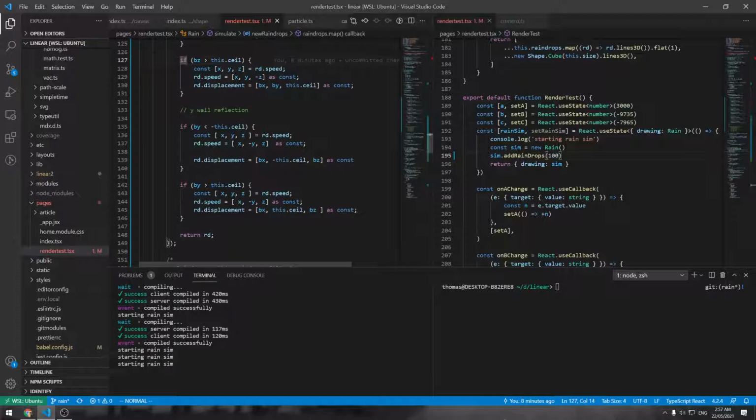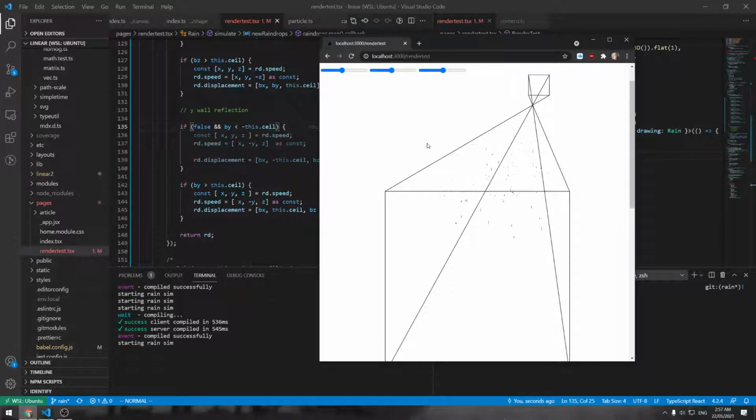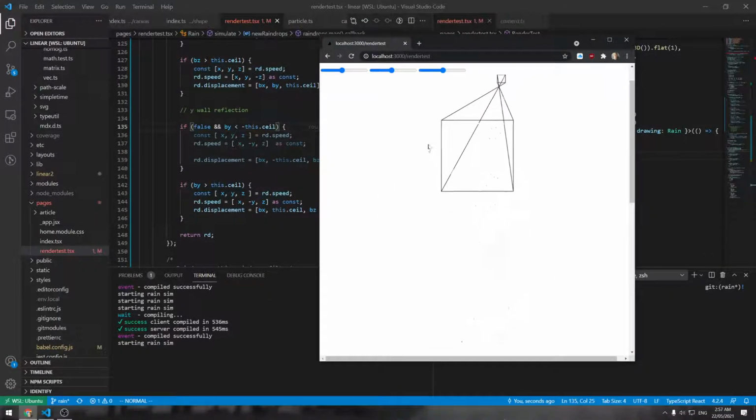So if we take this one off, the raindrops will fall through the bottom, and they will just keep falling forever. I think. Yep. They'll just keep falling.